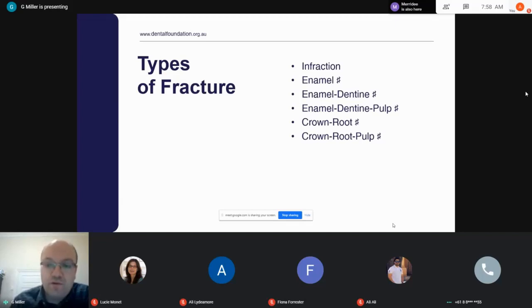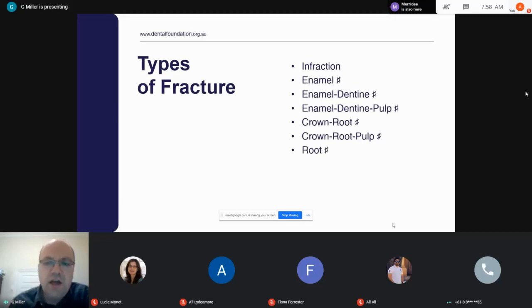A crown root fracture can also occur, which generally will be manageable by a filling or crown lengthening or orthodontic extrusion procedure. And a crown root pulp fracture can also occur, again often necessitating root canal treatment, and if significant, potentially the need for a crown restoration.